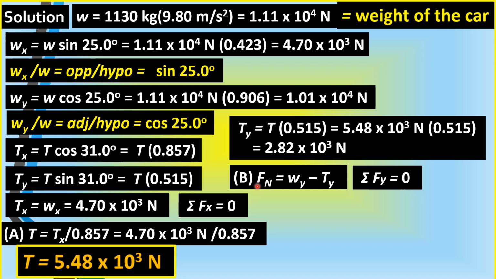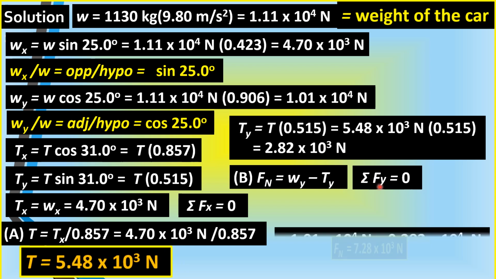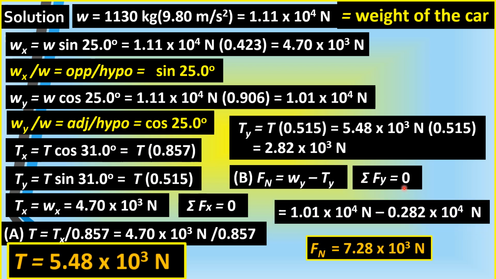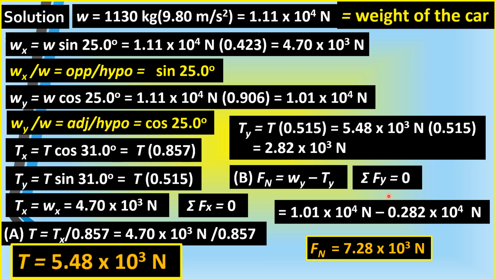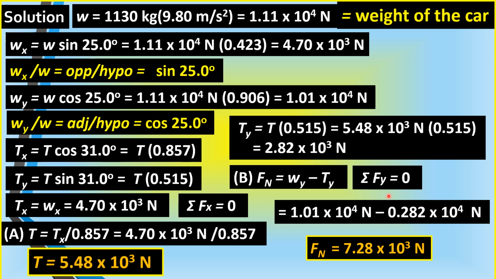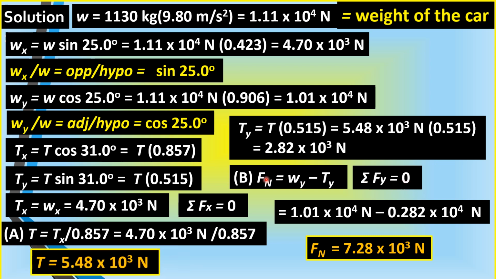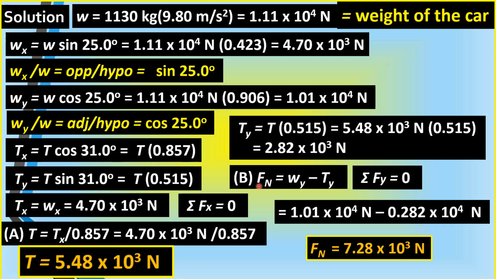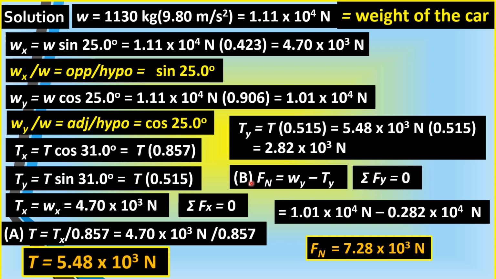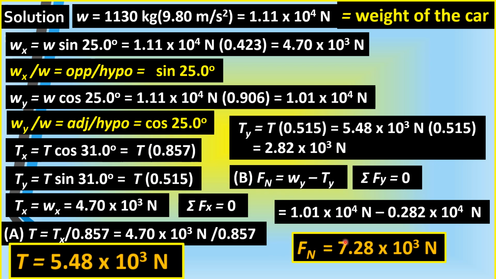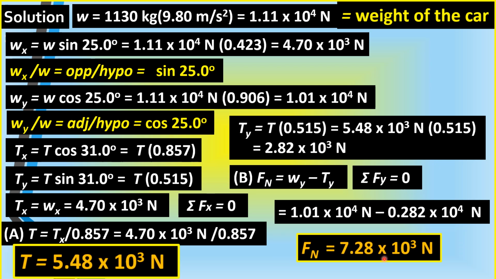Again, F normal is equal to Wy minus Ty, according to the fact that the summation of Fy must also be equal to 0, because only these three forces are acting on the car in the imaginary y-axis. So when we isolate the normal force Fn, we come up with the formula Wy minus Ty equals F normal, which gave us the answer of 7.28 times 10 to the third power Newton.